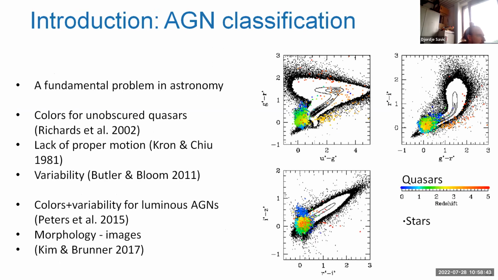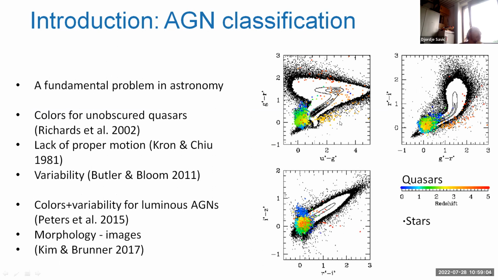As we know, AGN selection, or the star-galaxy classification, is a fundamental problem in astronomy, dating from many decades ago. And there have been different methods of dealing with this.